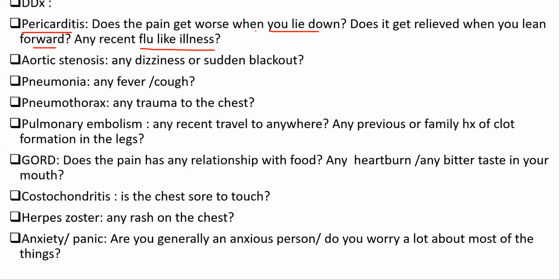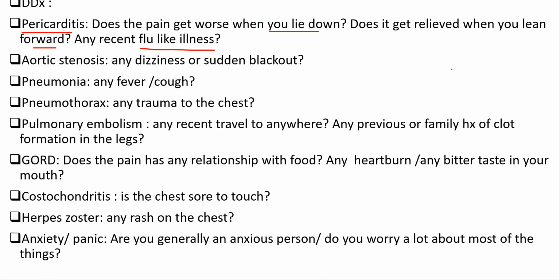It gets worse after lying down and also taking a deep breath or coughing. Patient sometimes sits in front of you as if they are leaning forward, just to show you that this is a pericarditis case. So they say that pain gets better after leaning forward, and most of the time you will get a history of recent viral flu-like illness.